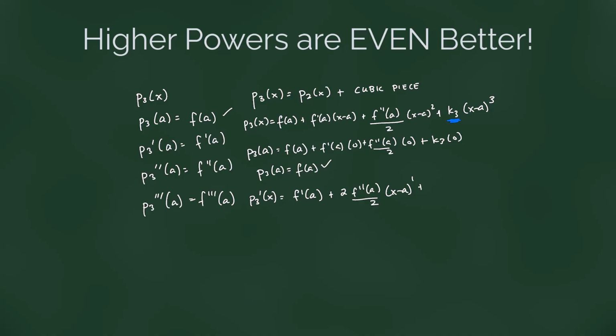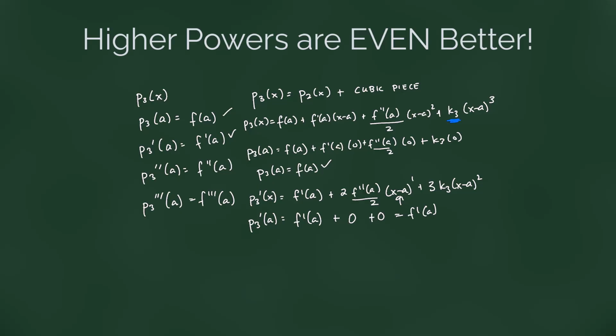And then taking the derivative of the last piece of p3 of x, we get 3 times k3 times x minus a squared. Let's plug in a, and that's going to give us f prime of a, plus we'll get 0 in this piece, so we get plus 0, which is f prime of a. So our second condition is met.